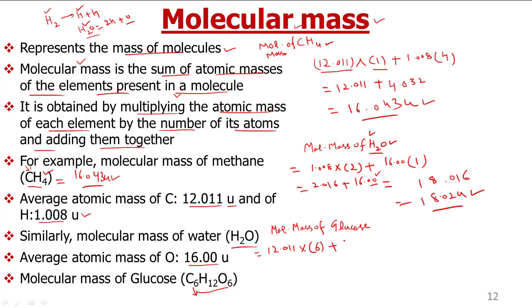Plus hydrogen 1.008 and number of hydrogen atoms are 12, plus oxygen is 16, number of oxygen atoms are 6. So we have 12.011 into 6 is 72.066, plus 12 into 1.008, 12.096.